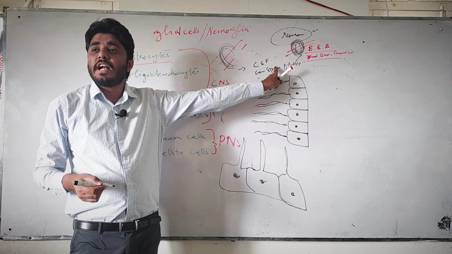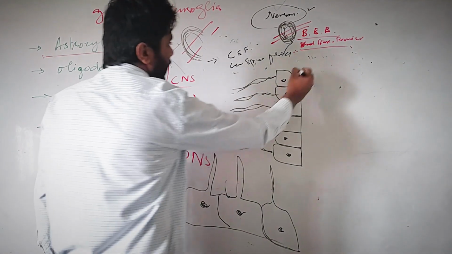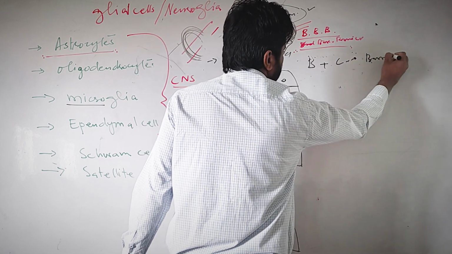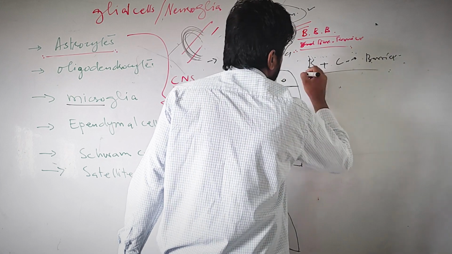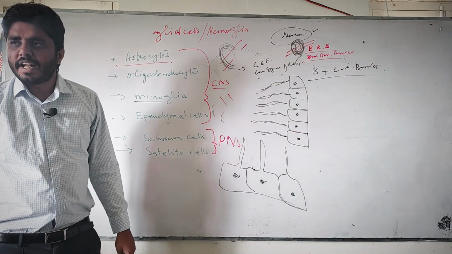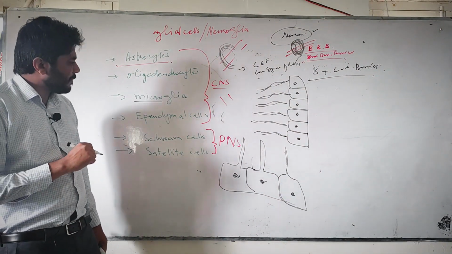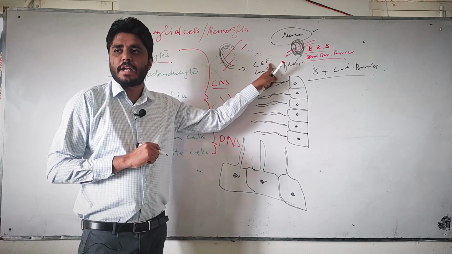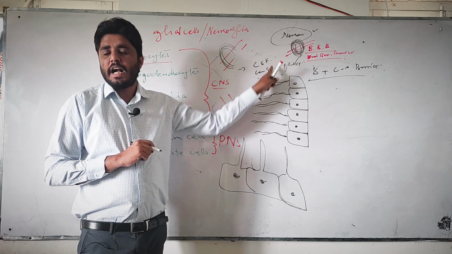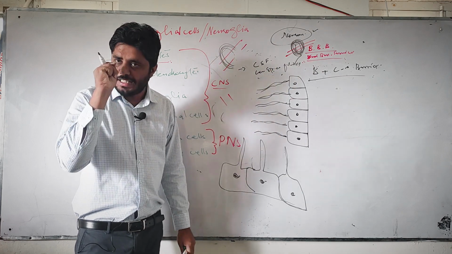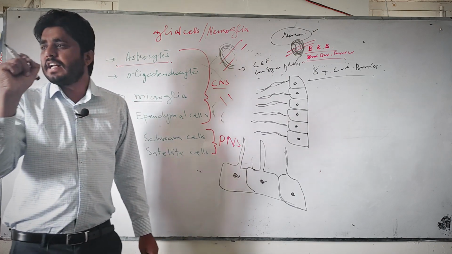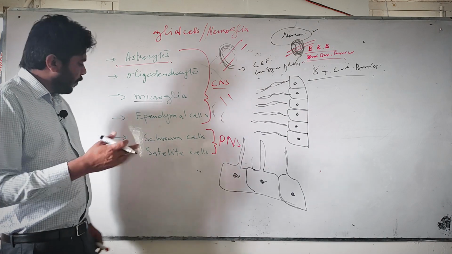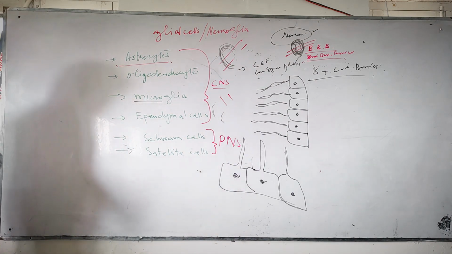People also believe there is a blood and cerebrospinal fluid barrier, and maybe they are involved in this barrier too. But the main function of these ependymal cells is CSF production. And where are they found? In the lining of the ventricles and the central canal of the spinal cord. That's clear. Move on.